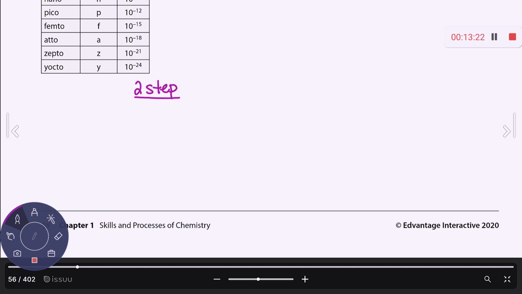For two-step metric conversions, you're going to be given some sort of a number, and there will be a prefixed unit. Typically, two-step metric conversions are going from one prefix to another prefix in the metric system. So what makes them two-step is there is technically no direct conversion from one to the other.